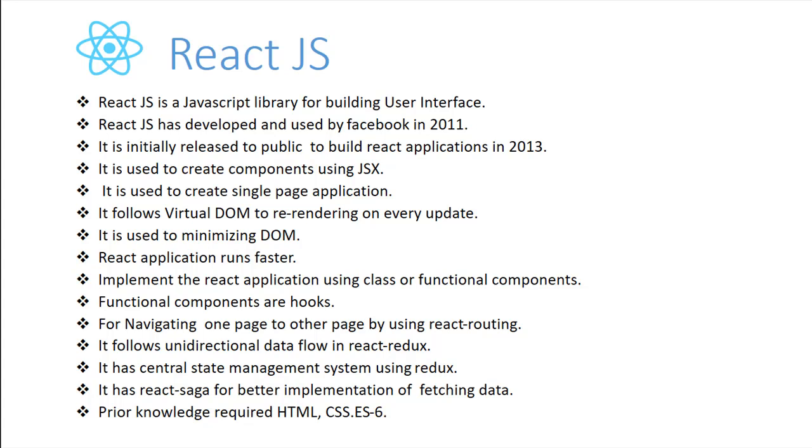It follows unidirectional data flow in React Redux, where we use a state management system centrally. When you come to learn React Redux, I will explain what unidirectional is, how the data flows, what the action is, what the state is, and everything about Redux there.